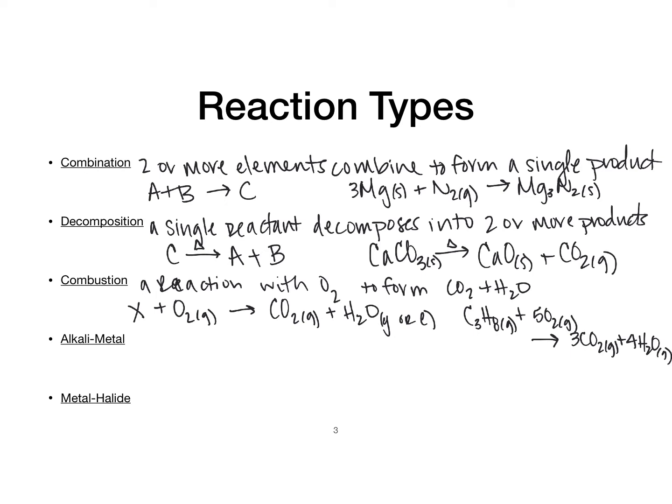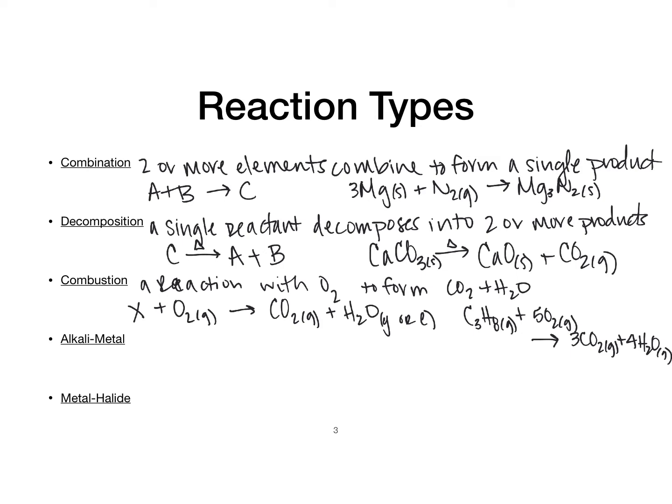So a combustion reaction, for the purposes of these videos, is a single flammable material that can come as a gas or a liquid that is burned in the presence of oxygen that converts to CO2 and H2O. Now, in these video series, this reaction will go to completion. And so you will only get CO2 and water. Whereas in a general combustion reaction, you can get a series of byproducts.